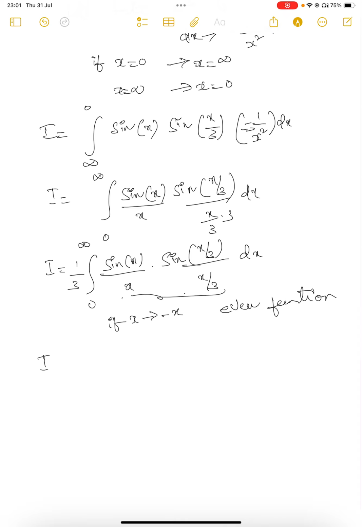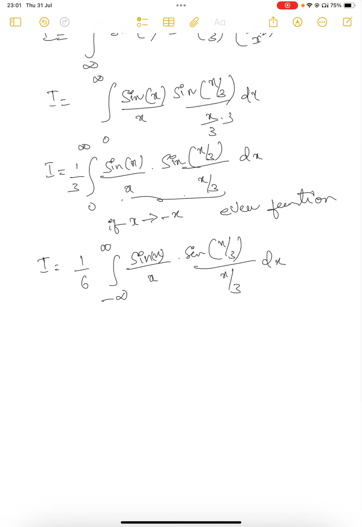Then you can write it as half into 1 by 3, that is 1 by 6, integral minus infinity to infinity sine of x by x into sine of x by 3 by x by 3 dx.